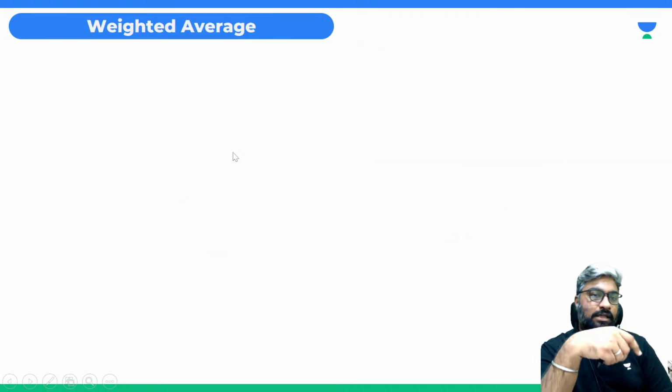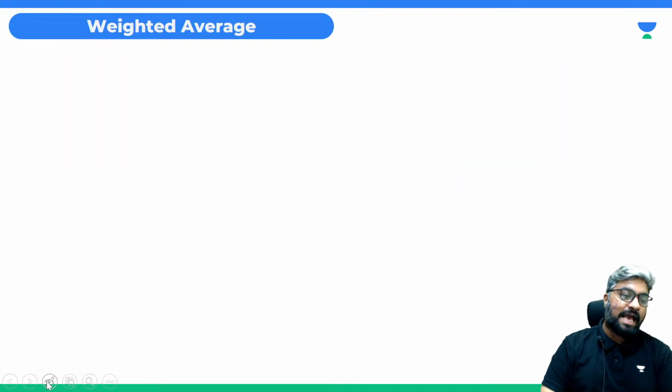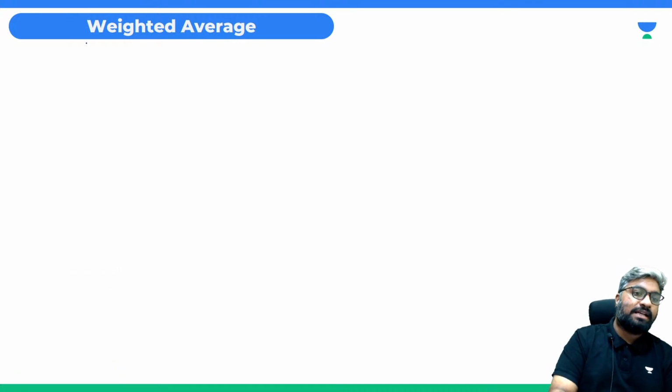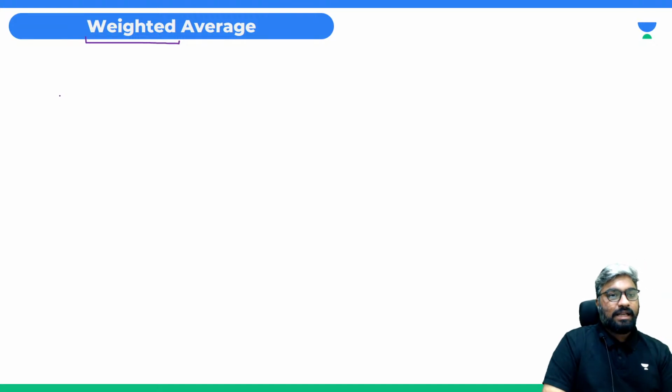ठीक है. चलो. Now let's talk about weighted average. What does this term weighted average mean? Let's say that there are 4 tests that you've taken. Okay. 4 टेस्ट आप लोगों ने लिया है.